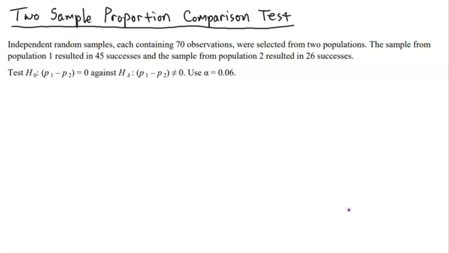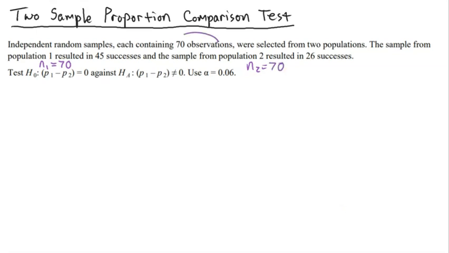And you'll be told how many observations were made. That's the sample size. This one says each. There were two random samples, each containing 70. So that's sample 1, population 1, the sample size, which we call N1, will be 70, and over here population 2, which we'll call N2, the sample size, is also 70.